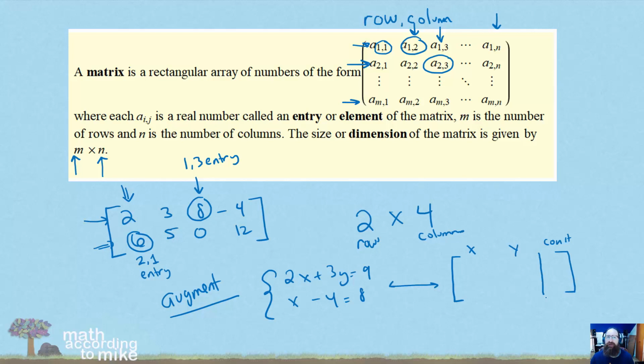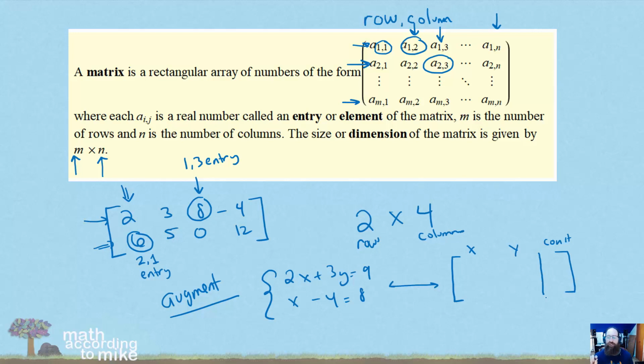So the purpose of matrices is that it's now a positional system. We don't need to write x and y's over and over again. Just make sure you keep them in the right position. So if I write something in the first column, those are coefficients for x. If I write something in the second column, those are coefficients for y. And if I write something in the last column, that's a constant.